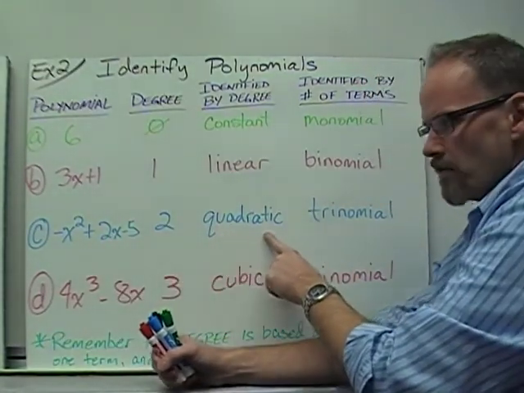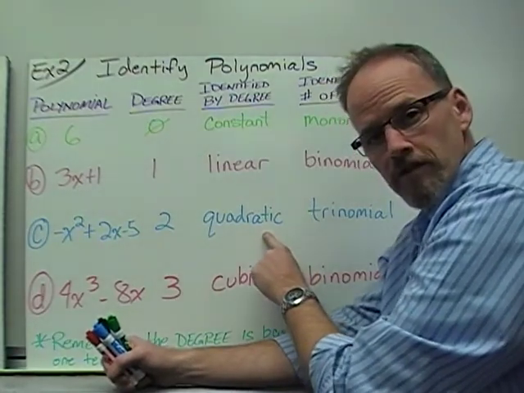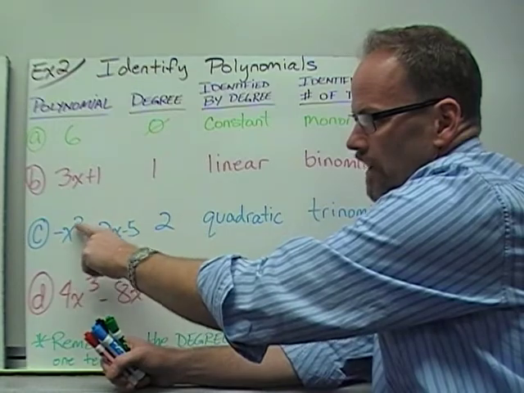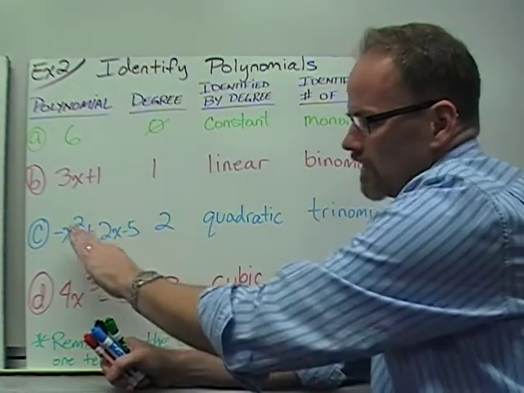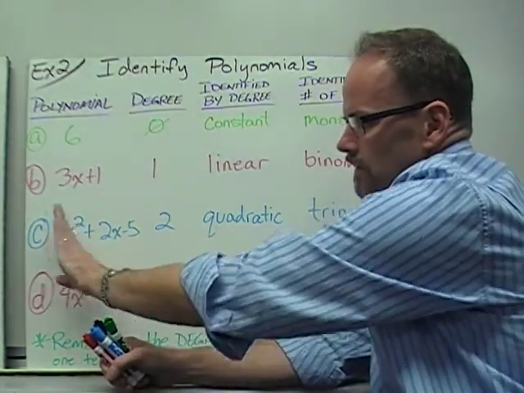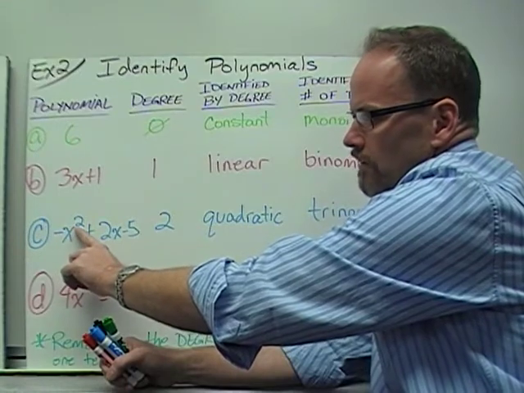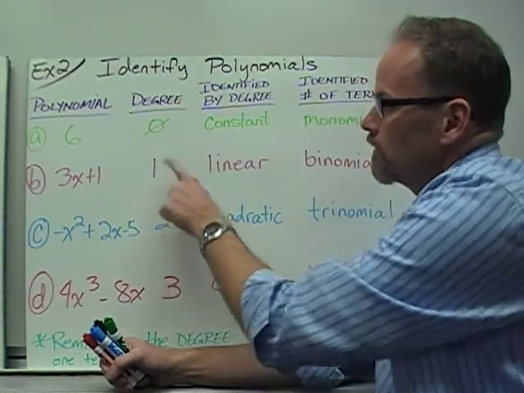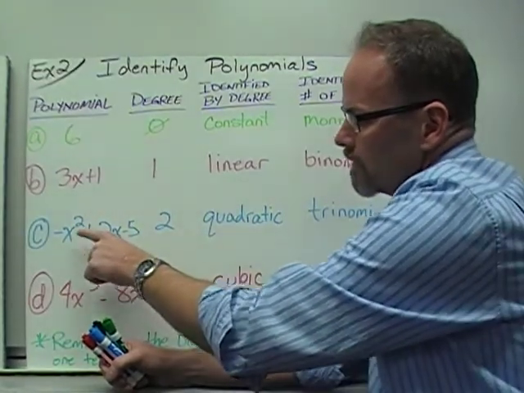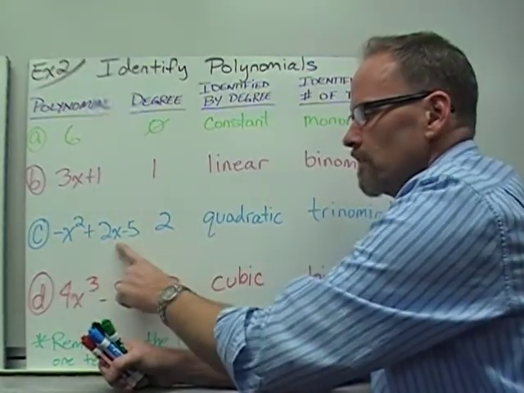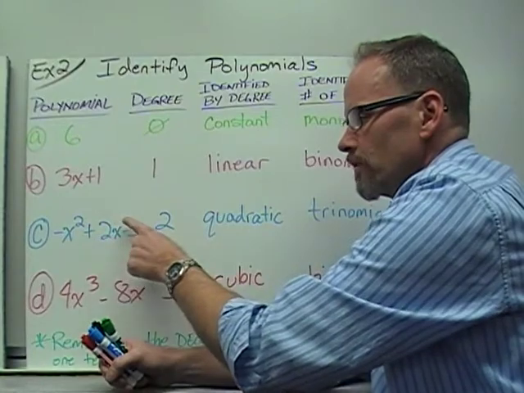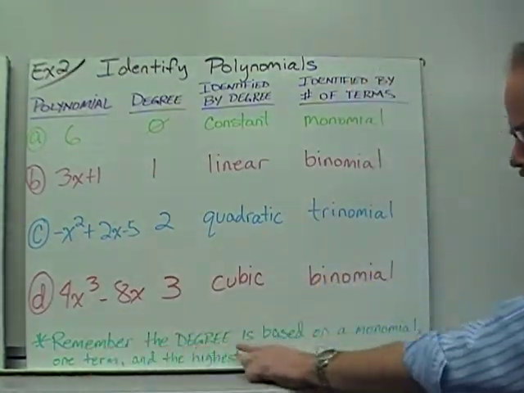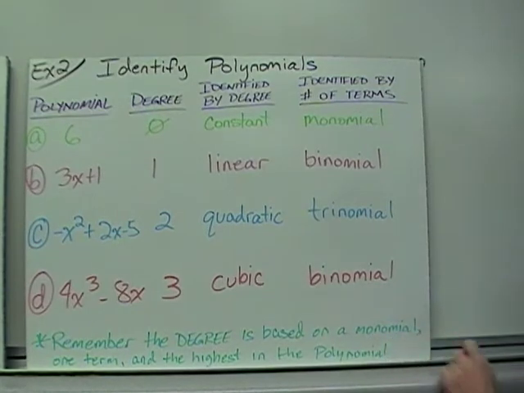This is called a quadratic because if you remember from the last few lessons, we were dealing a lot with x squared. When the leading term has a degree of 2, that will be called a quadratic. So the degree is 2. Now you might be looking at this and going, well, why isn't it 2 plus 1, and that's 3? Remember, the degree is based on a monomial.